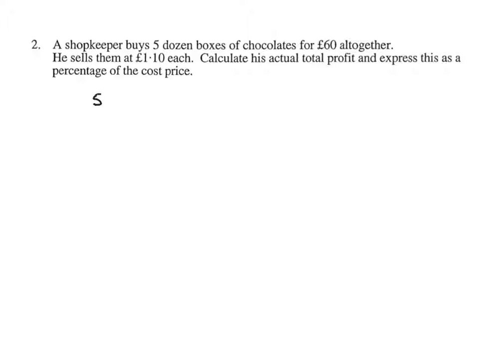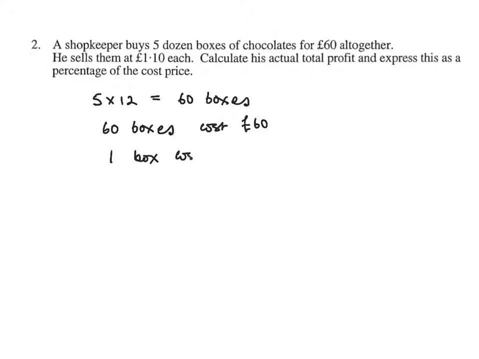5 dozen is 5 times 12. That's 60 boxes. 60 boxes cost £60. So one box costs £1.